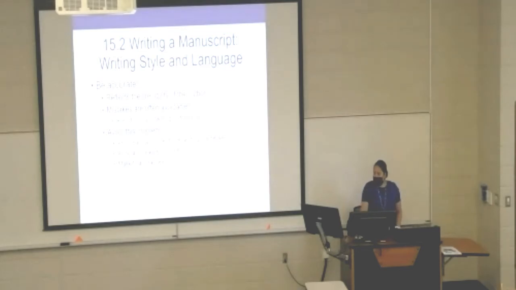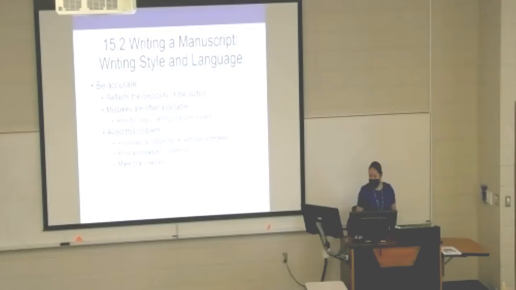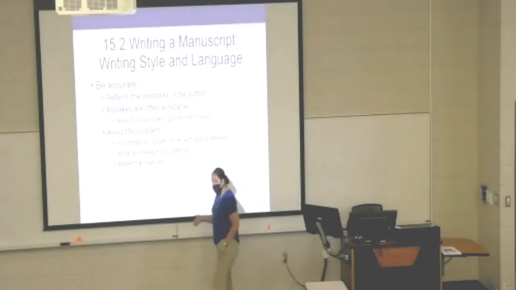Now, when we are talking about being accurate, right? When we're talking about being accurate, I also need you to remember that if you're not trying to be accurate, that is going to reflect upon your credibility. So for instance, if I am not accurate in my claims in class, right?